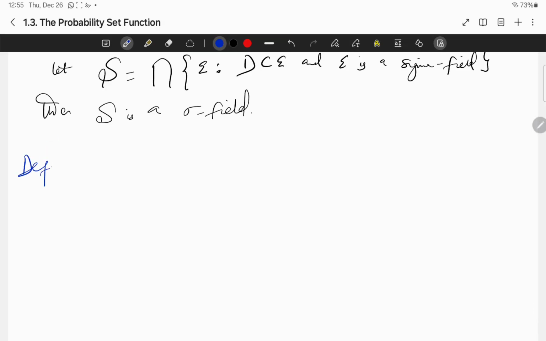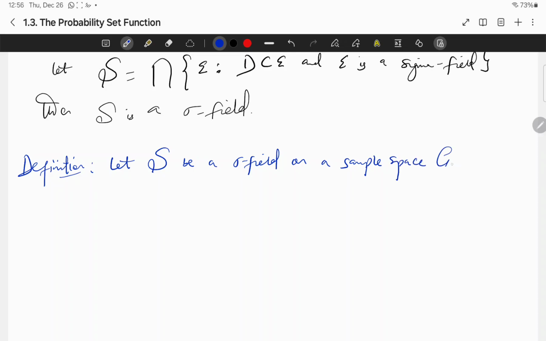So definition: let X be a sigma field on a sample space C. Then C is called an event if C belongs to the sigma field.